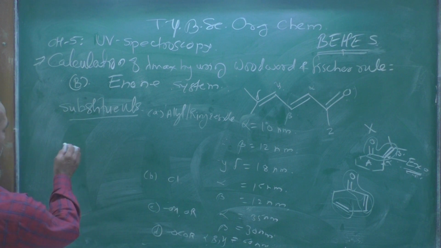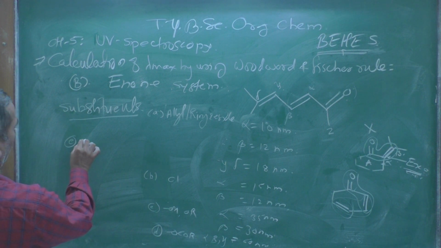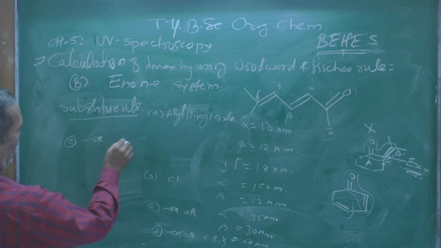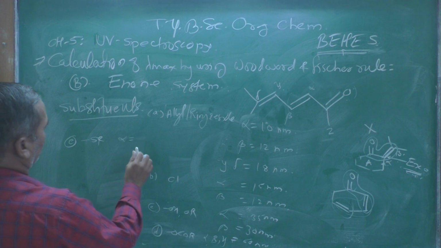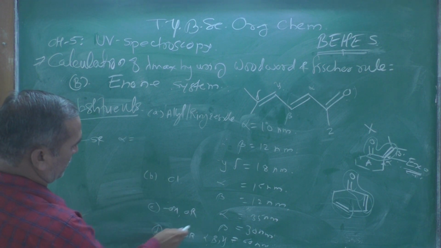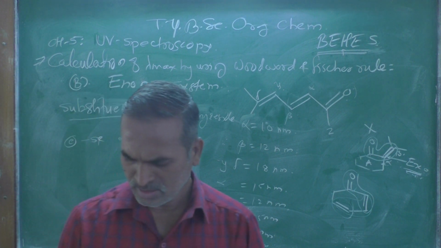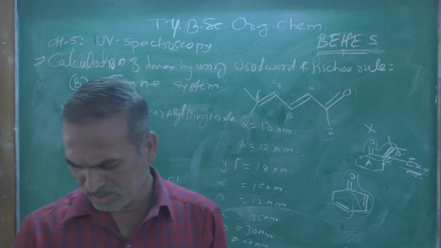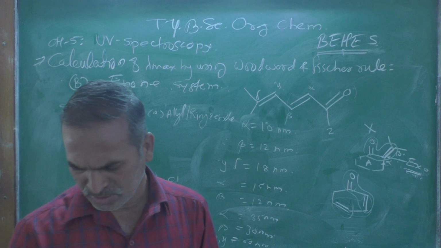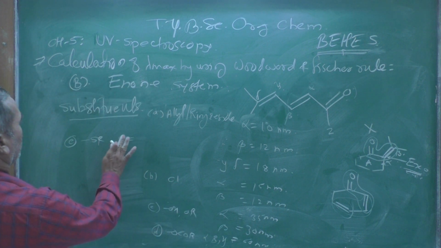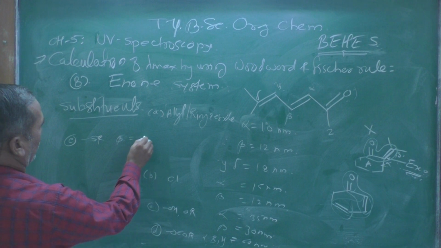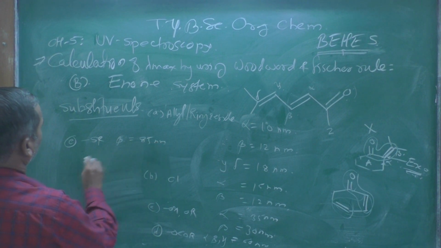Suppose SR is present at the alpha position. I think alpha is not given, but at the beta position you should add 85 nanometer.